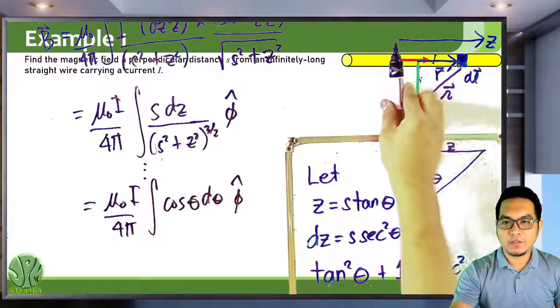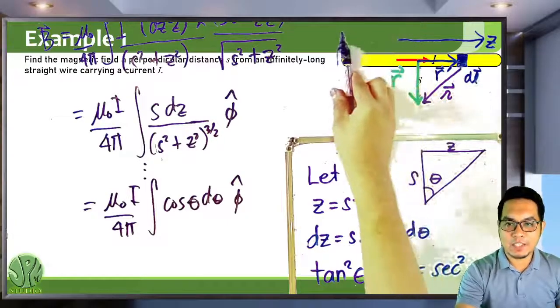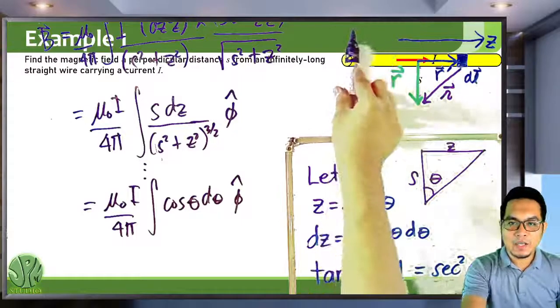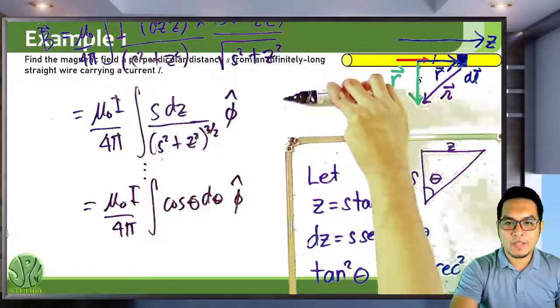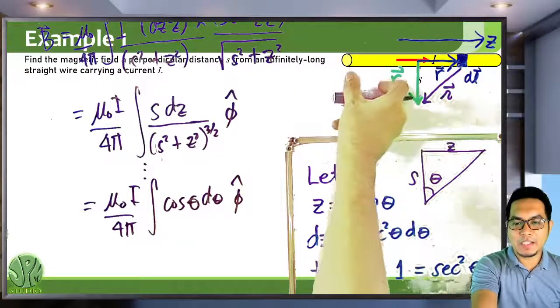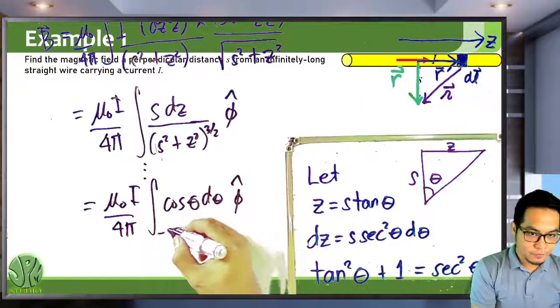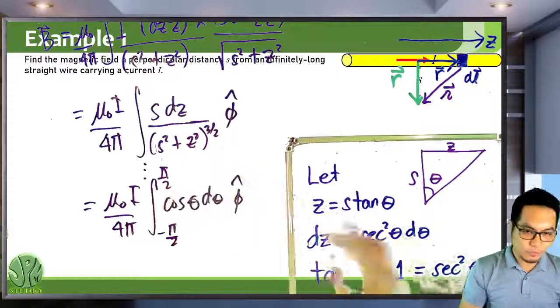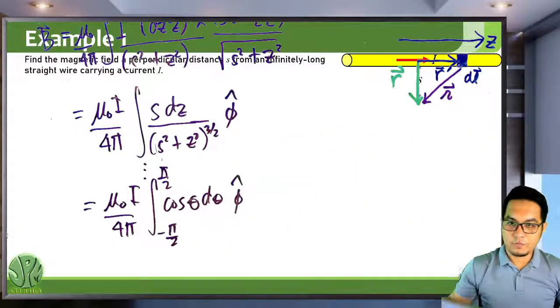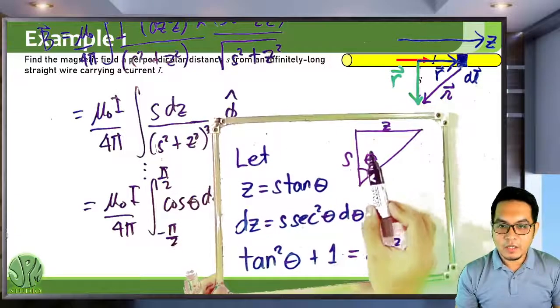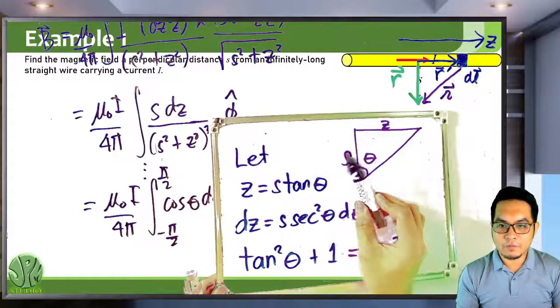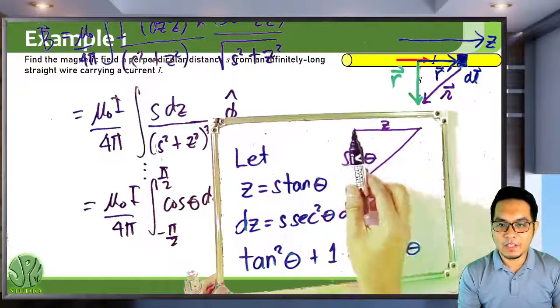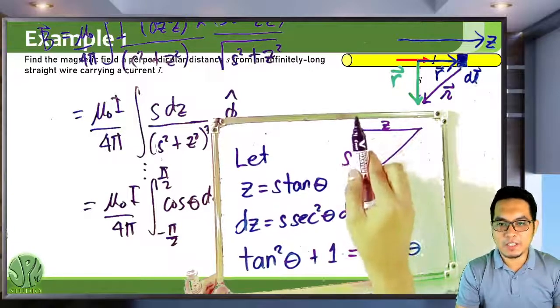Theta is measured from this axis, so you measure theta from negative pi over 2 to pi over 2. This is the 0 degrees theta.